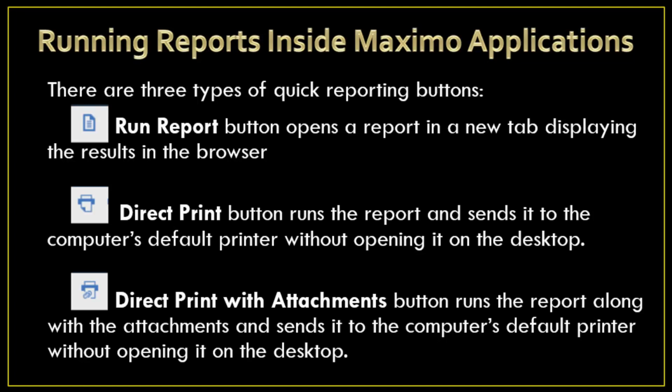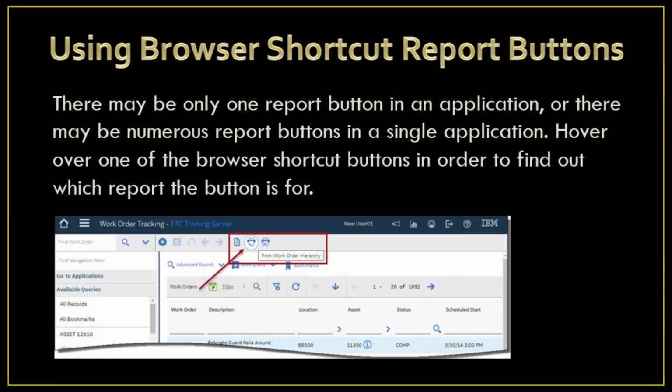When you look in the different Maximo applications in your organization, try to spot these buttons. To see which report each browser shortcut report button is for, just mouse over the button to see the tooltip display the name of the report.